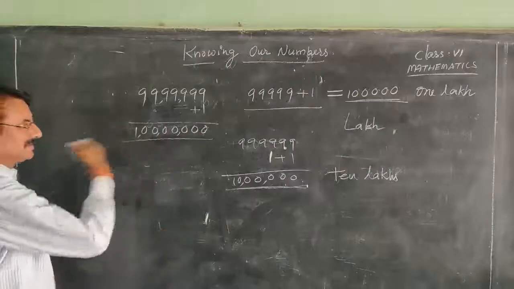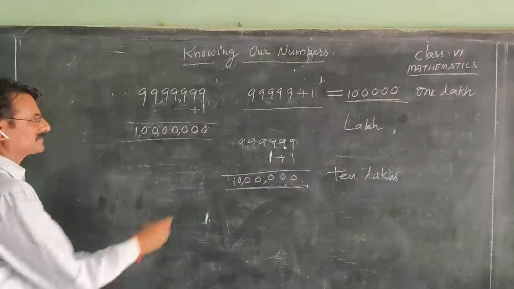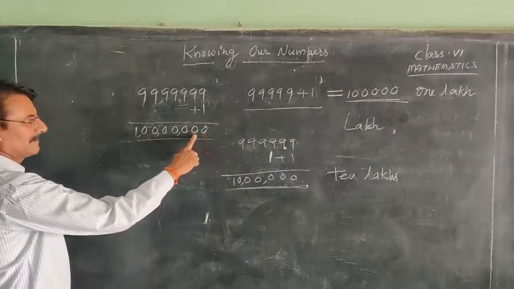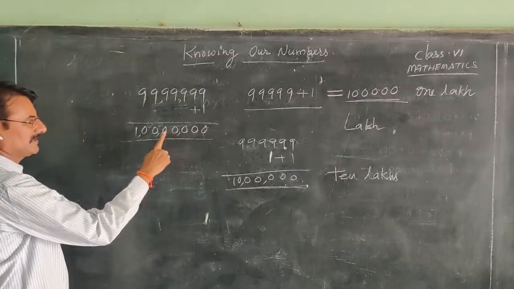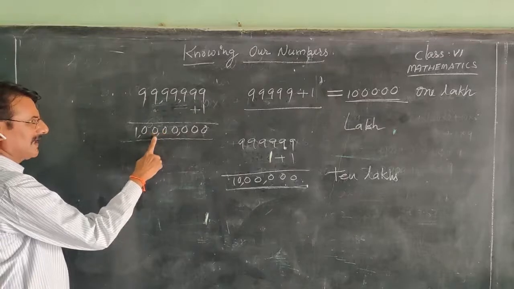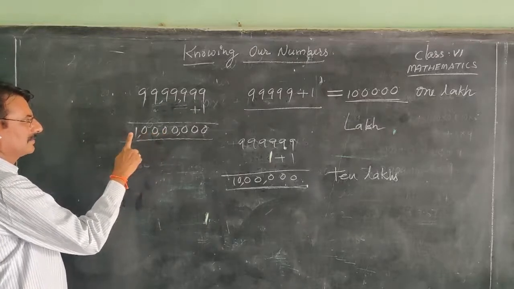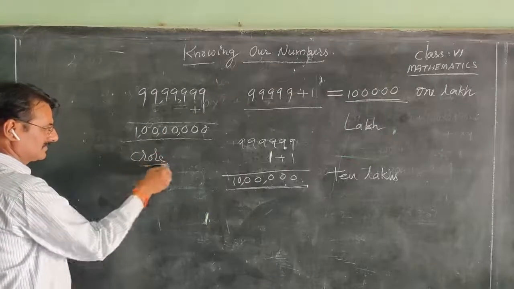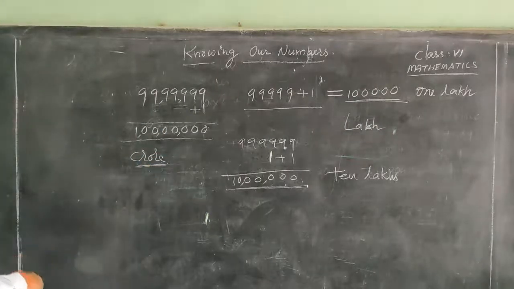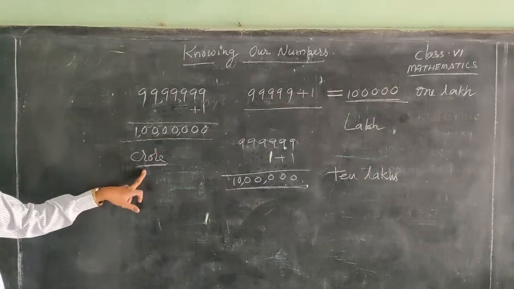Once again, say the place names one by one: 1, 10, 100, 1000, 10,000, lakh, 10 lakh, crore. New place name? Crore.